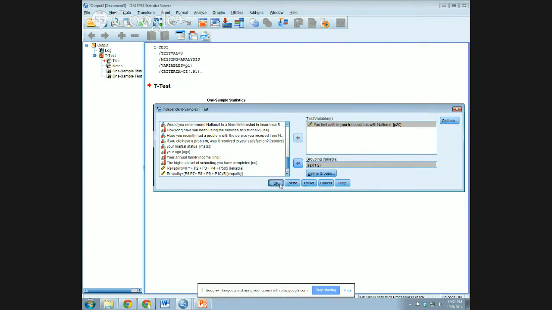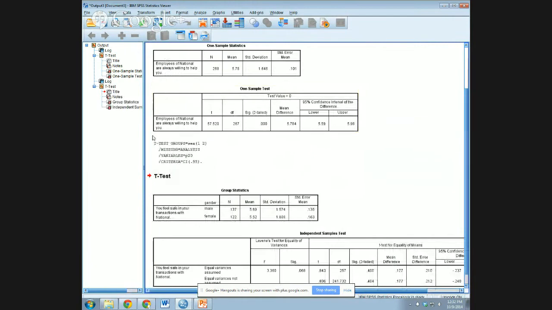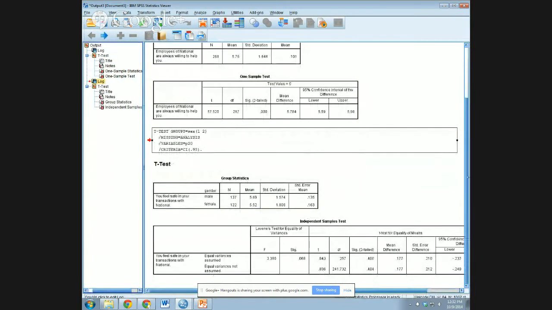And I'm going to click OK. Now you'll see here my next t-test, my independent samples t-test. It shows me the mean, standard deviation and standard error for males, and mean, standard deviation and standard error for females.